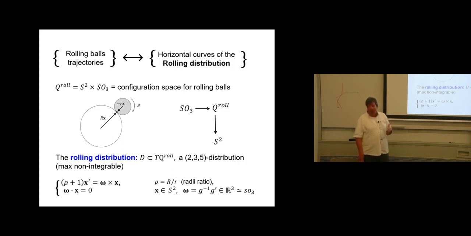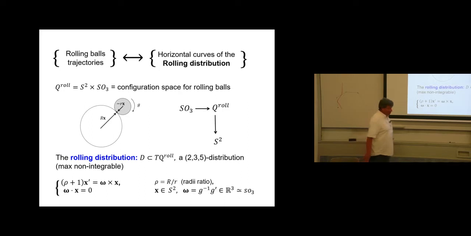In fact, a 2-3-5 distribution for any pair of surfaces, balls or whatever, a plane and a ball or whatever. It's also easy to check that it almost always gives you a 2-3-5 distribution, maximally non-integrable.